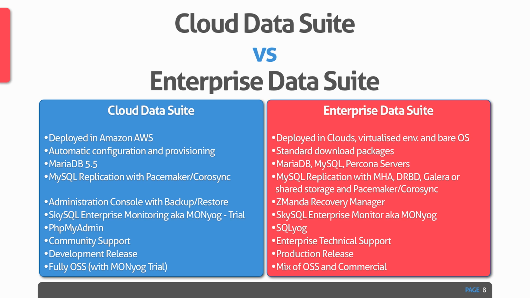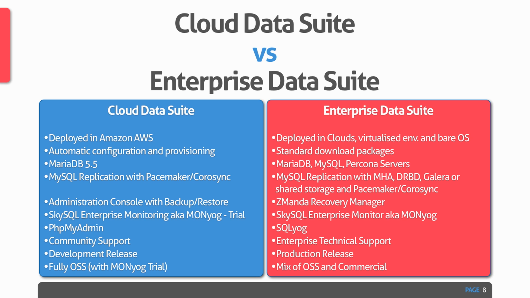Of course, you can also use other servers like Percona Server or the Oracle server, but MariaDB is the first database that we have deployed, and the Data Suite relies on some of the features that are specifically provided by this database. And we work with MySQL replication in conjunction with Pacemaker and Corosync software.